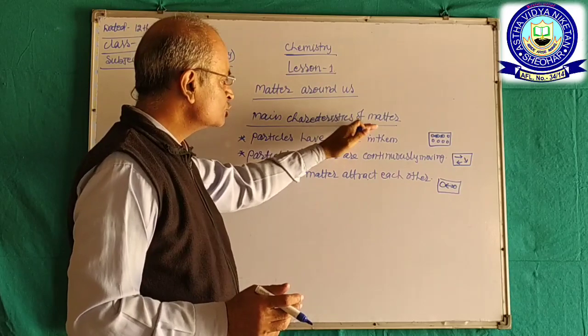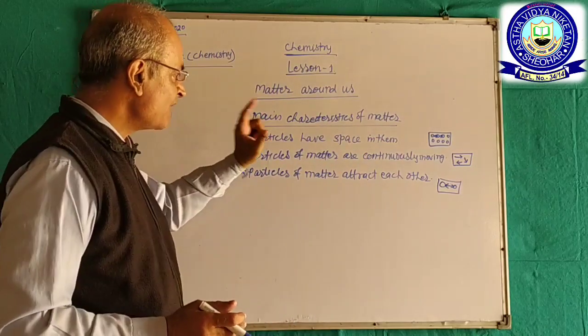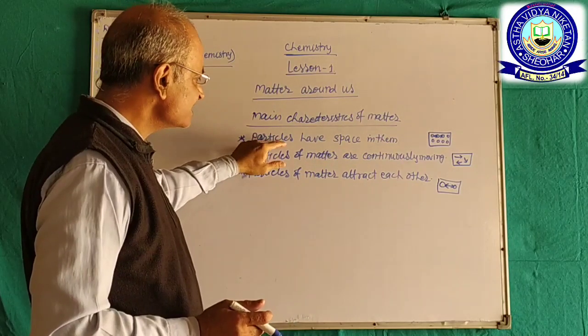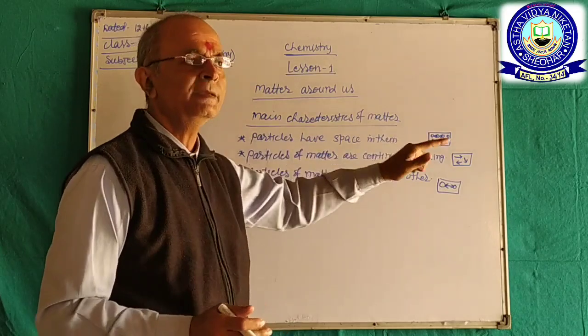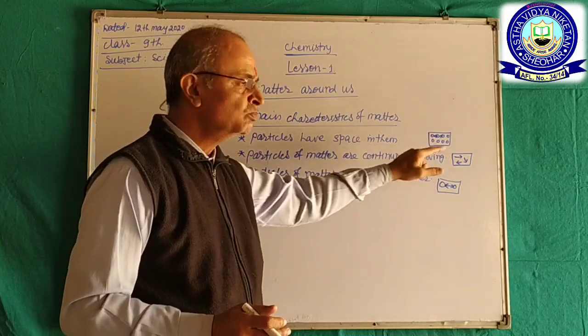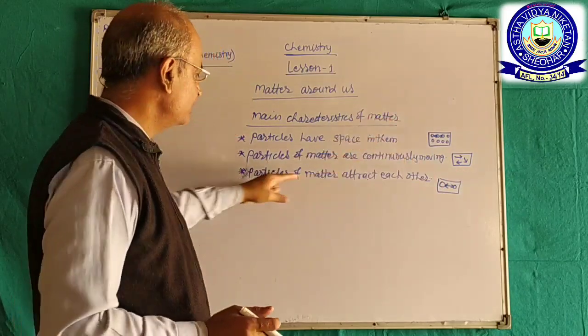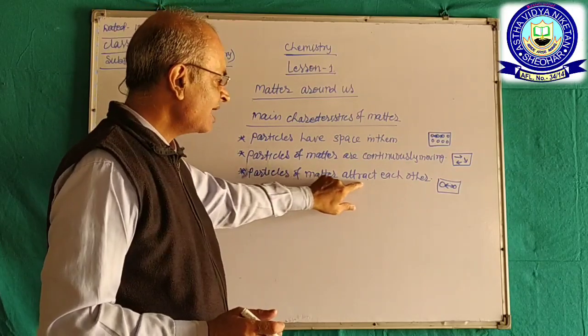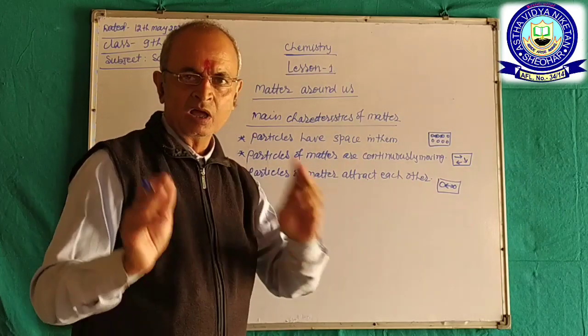The main characteristics of matter: first of all, each matter in its particulate state has space in it. And the particles of matter are continuously moving from one place to another. And particles of matter attract each other. Understand well?